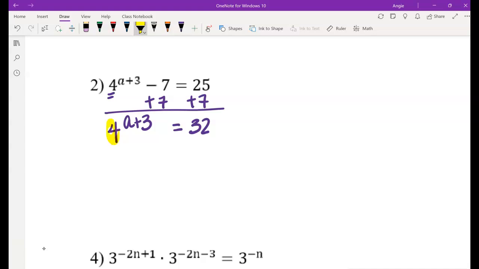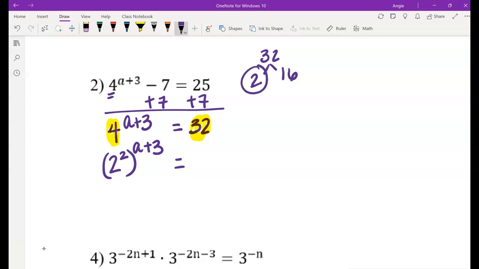Base 4 and 32 are not the same, so we see if we can break them down. 4 is 2 squared, and we have an exponent of a plus 3. Now 32 is 2 times 16, and 16 is 2 times 8, and 8 is 2 times 2 times 2. So 32 is 2 to the 5th power.